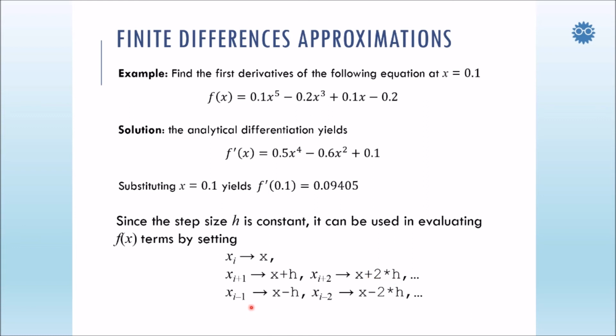In the same way, in the negative direction, xi minus 1 could be represented as x minus h, or xi minus 2 will be represented as x minus 2h. So we're going 2 steps backward, so it will be minus. So this notation will be simpler to apply.